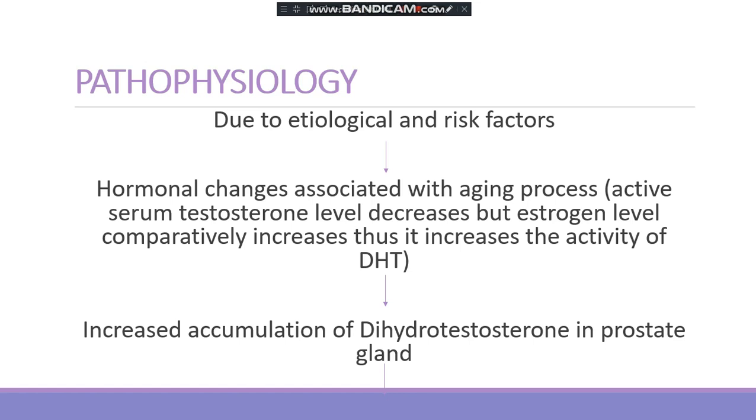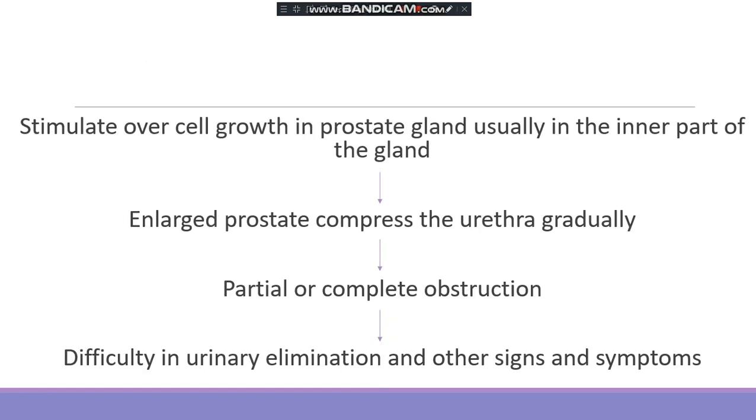So due to this stimulation, increased accumulation of dihydrotestosterone in the prostate gland will occur, followed by stimulation of overgrowth of cells in the prostate gland, usually in the inner part of the gland.